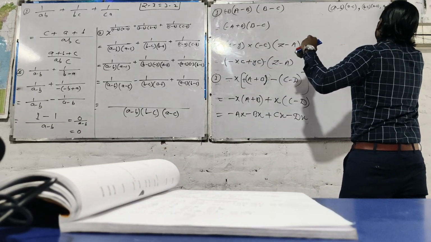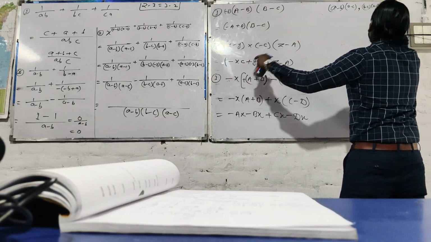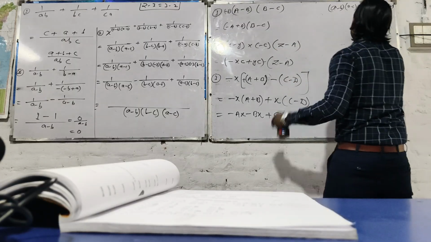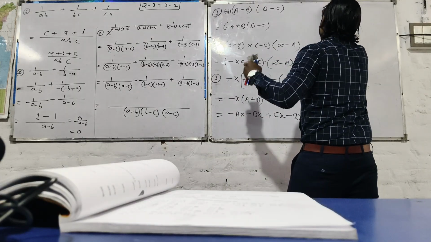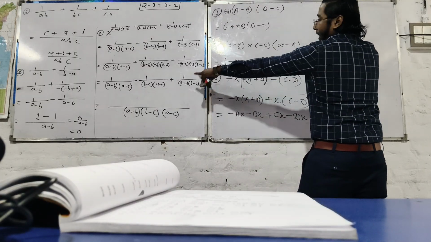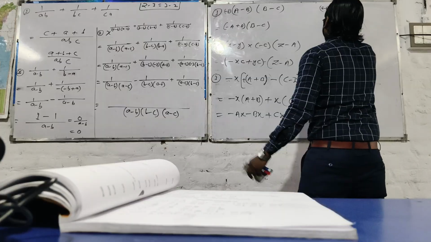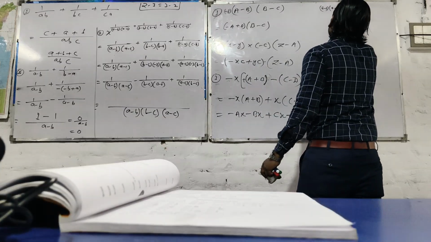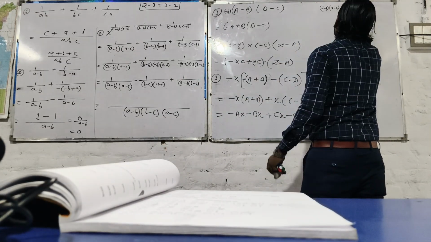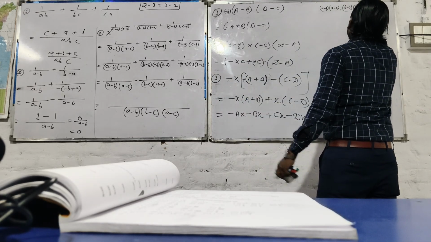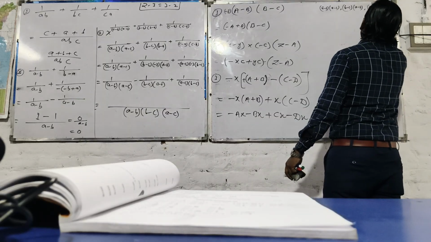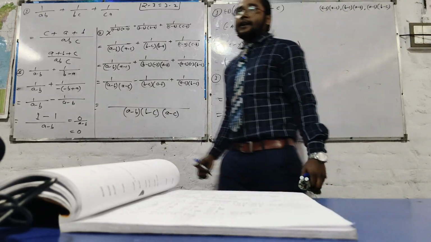A minus C, B minus C. Right? Listen. What is that? A minus B and A minus C. B minus C and A minus B. Next two, A minus C, B minus C. Right or wrong?